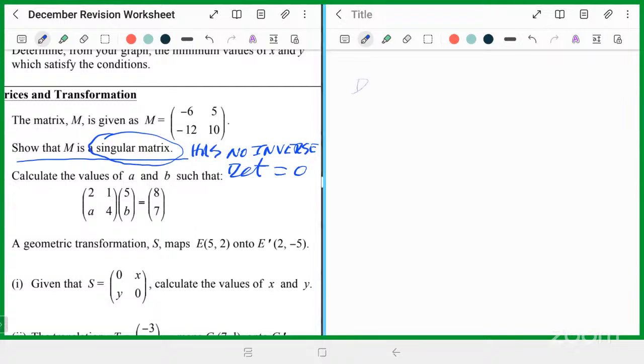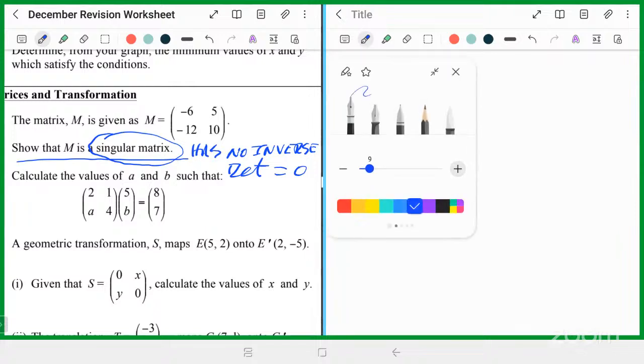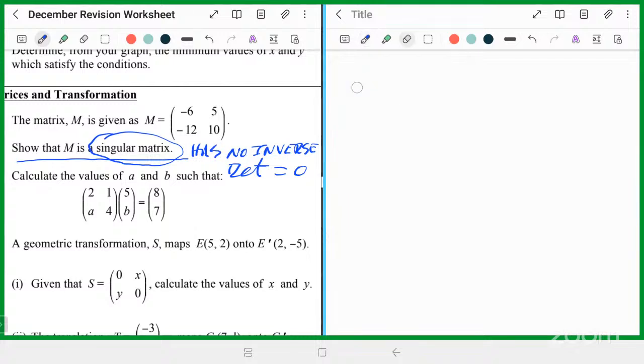So the determinant, hold on a second. The determinant of M is equal to this product across here, negative 6 times 10, minus this product across here, which is 5 times negative 12.